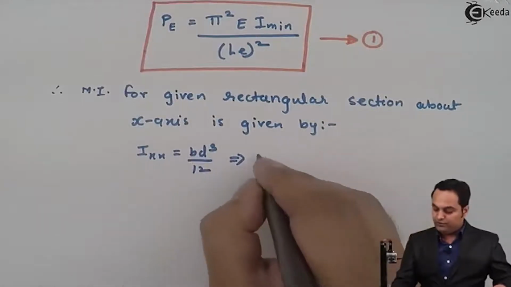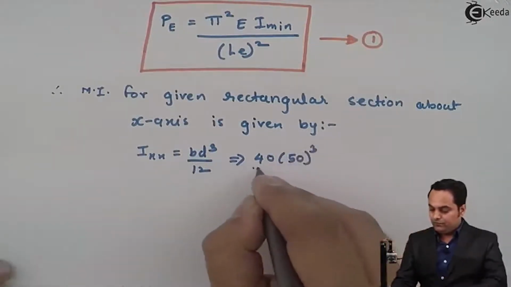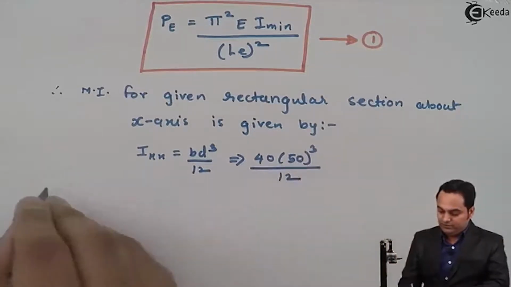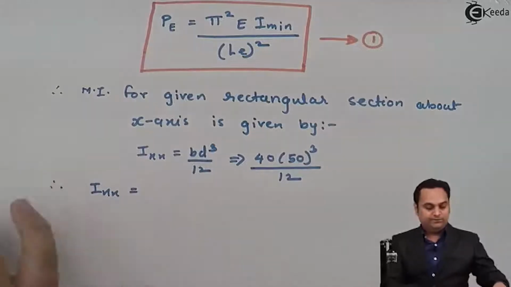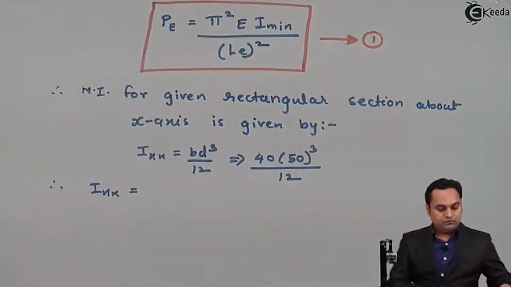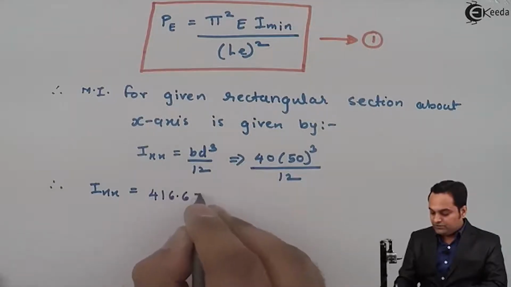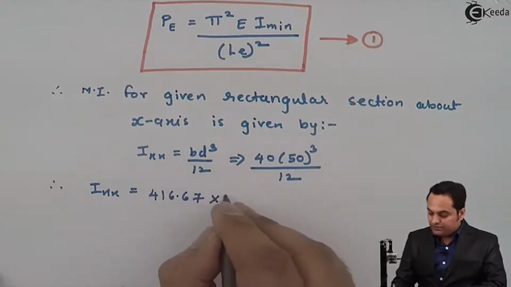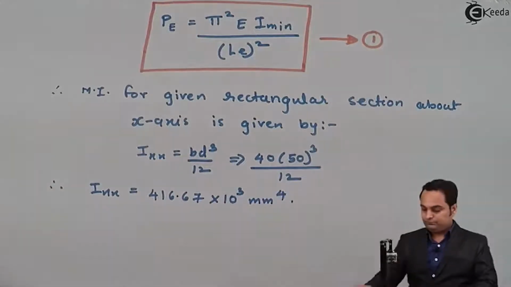Here b is 40, d is 50, so 40 into 50 cube divided by 12. Therefore Ixx value will be 416.67 into 10 raised to 3 mm raised to 4.